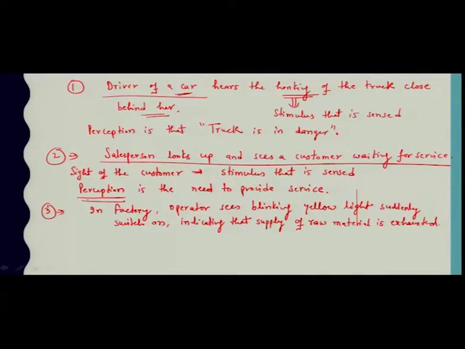It means there is a requirement for replenishment of the raw material, so immediate action has to be carried out in the form of filling that raw material into that particular stock.